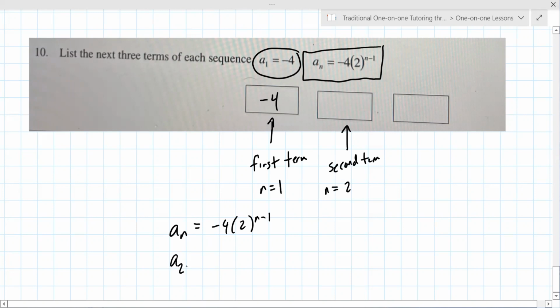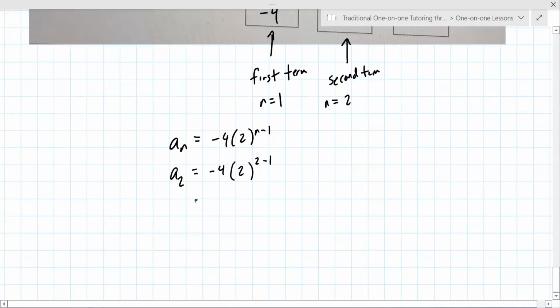So a subscript 2 equals -4 times 2 to the power of 2 minus 1. If you have a calculator, you can simplify that: -4 times 2 to the power of 1. Any number to the power of 1 is always itself. That's another thing worth remembering.